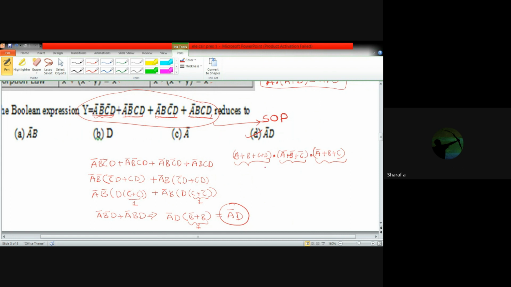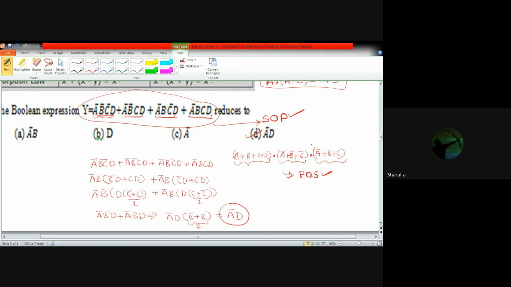This kind of expression we call product of sums, POS form. So you have the Boolean expression in 2 forms. One is sum of products form, where you add different product terms. Then you have product of sums form, which means you are taking the product of different sum terms. Each of these terms is a sum term, and you are taking the product of them.